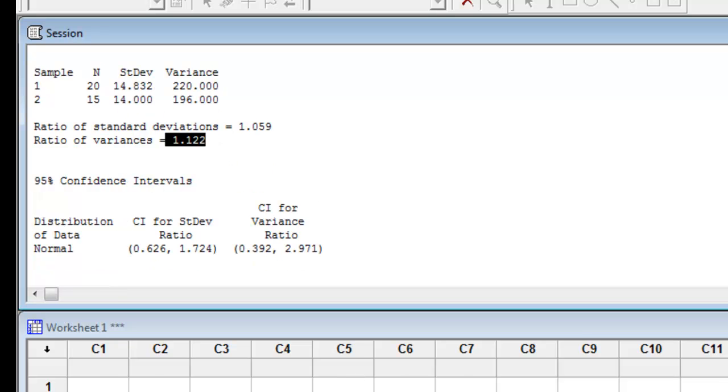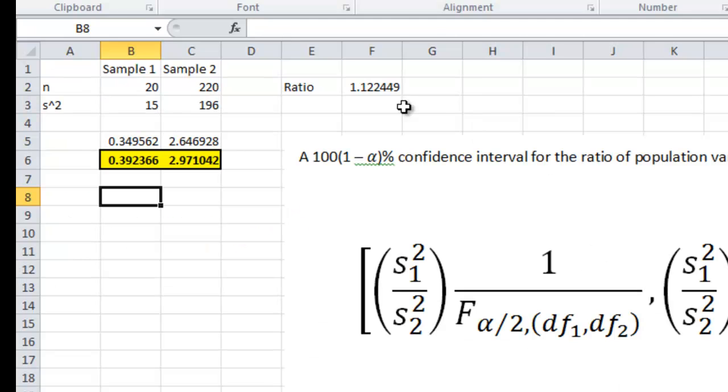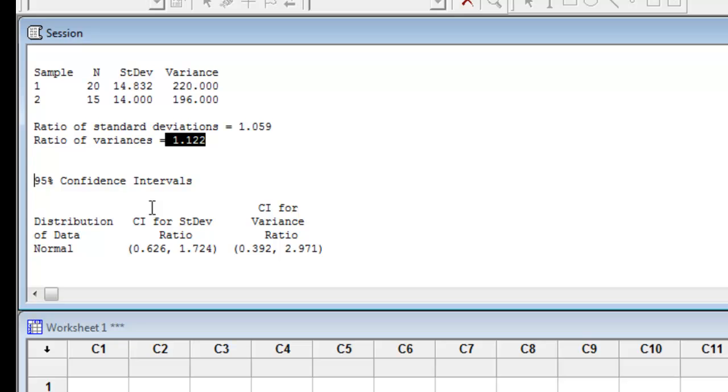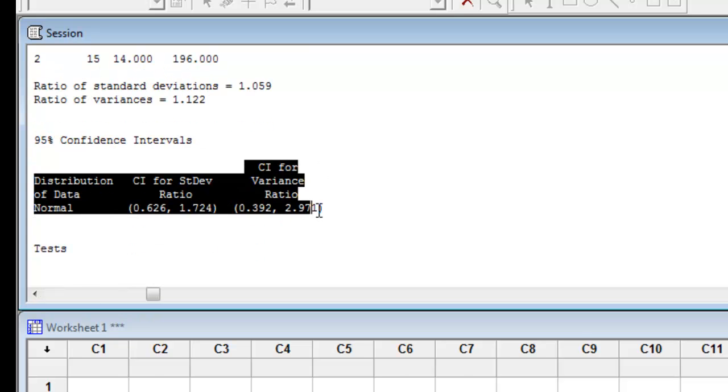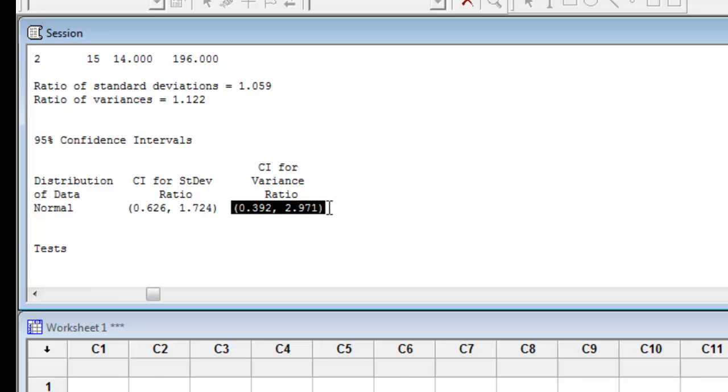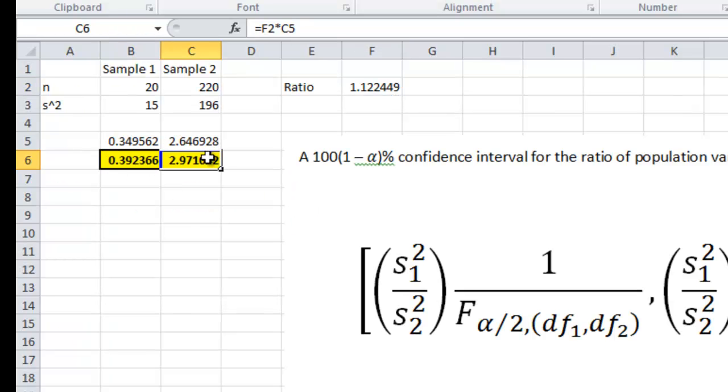That's what I got back in Excel right here, 1.122. And then the confidence interval for the ratio is what we're looking at, 0.392 up to 2.97, which is exactly what I got using Excel. So that's the first question.